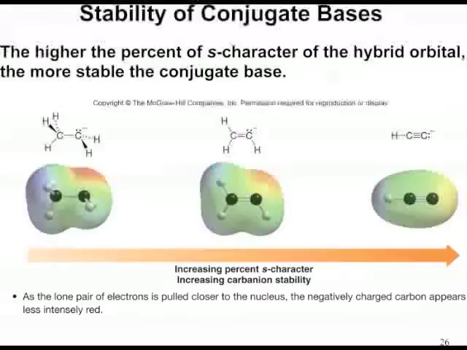The last effect that we would like to discuss is the stability of conjugate bases. The higher the percentage of S character of the hybrid orbital, the more stable is the conjugate base, and therefore the stronger is the acid.